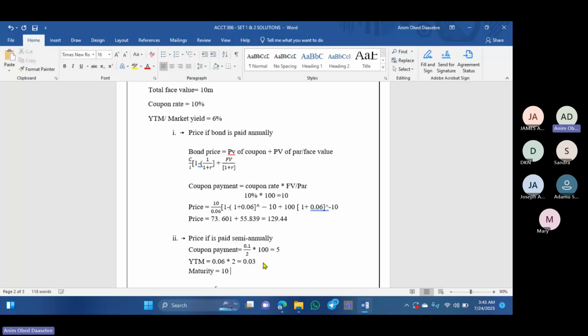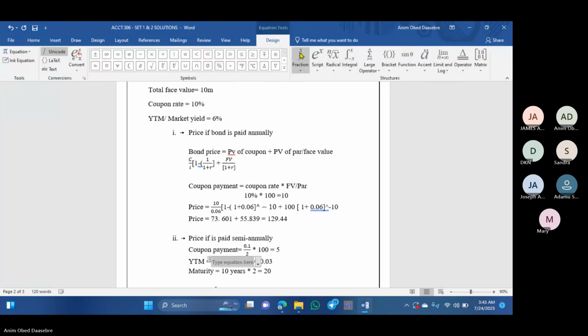We got 10 years times 2. It's going to give us 20. 0.06 divided by 2.